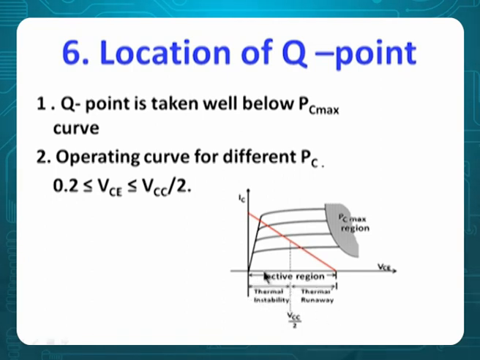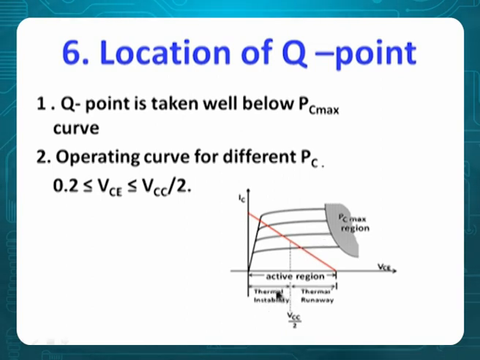So please remember, this total is the active region, this is VCC, this is VCC by 2, and this is thermal runaway. Thermal runaway is very dangerous, and if you take less than VC by 2, you are a little more safe, but this is also unstable.